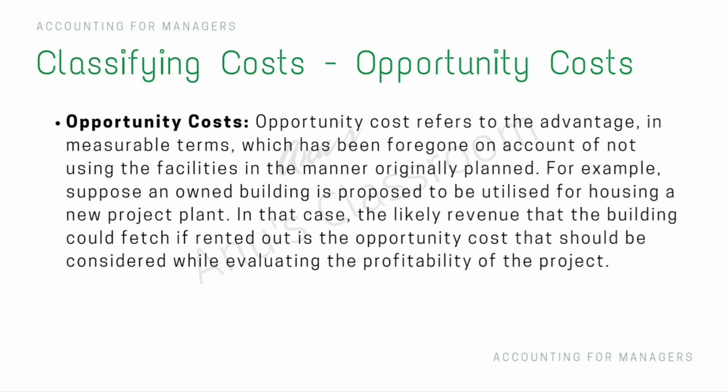Now if you choose to rent out the building, then the revenue that you might get is compared to what you might have got if you had used it as your factory's production house. And suppose you might have even got 50,000 rupees a month if you had used it for yourself rather than renting it out. So that difference, that 30,000 rupees, is your opportunity cost.